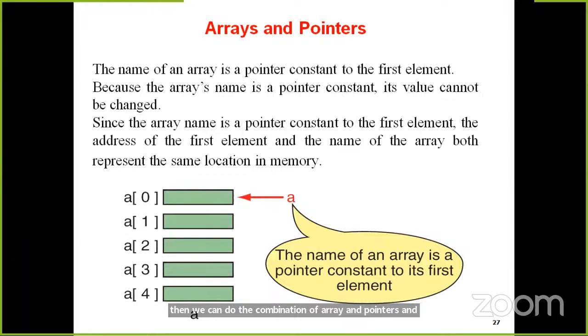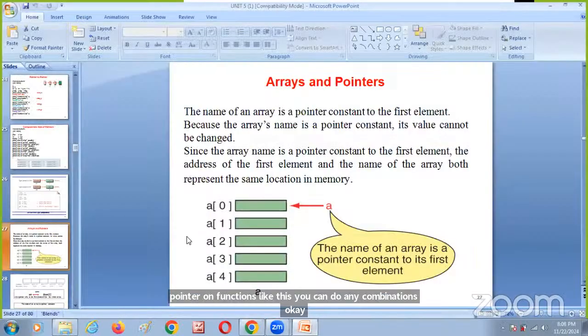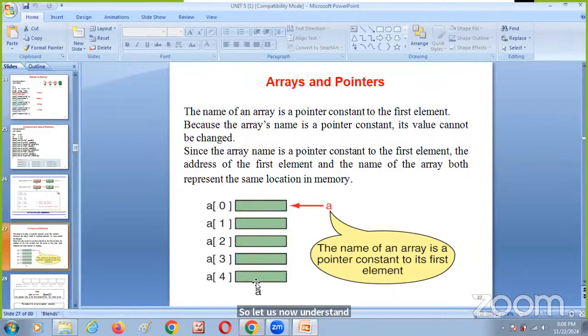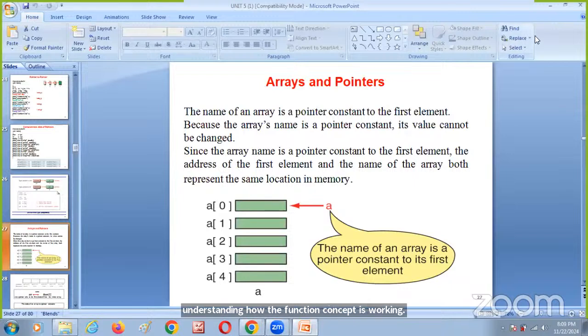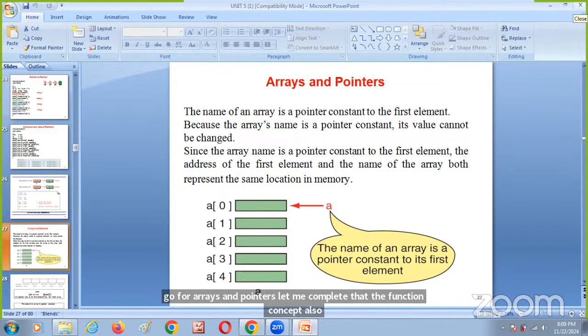Like this, you can do any combinations. So let us now understand how the function concept works. Before we go for arrays and pointers, let me complete the function concept also, so that you will understand easily.